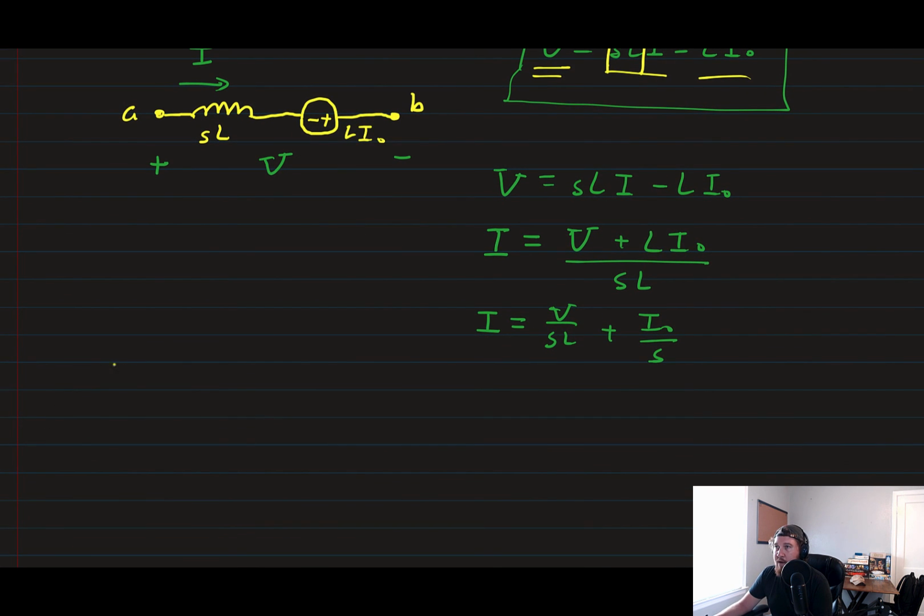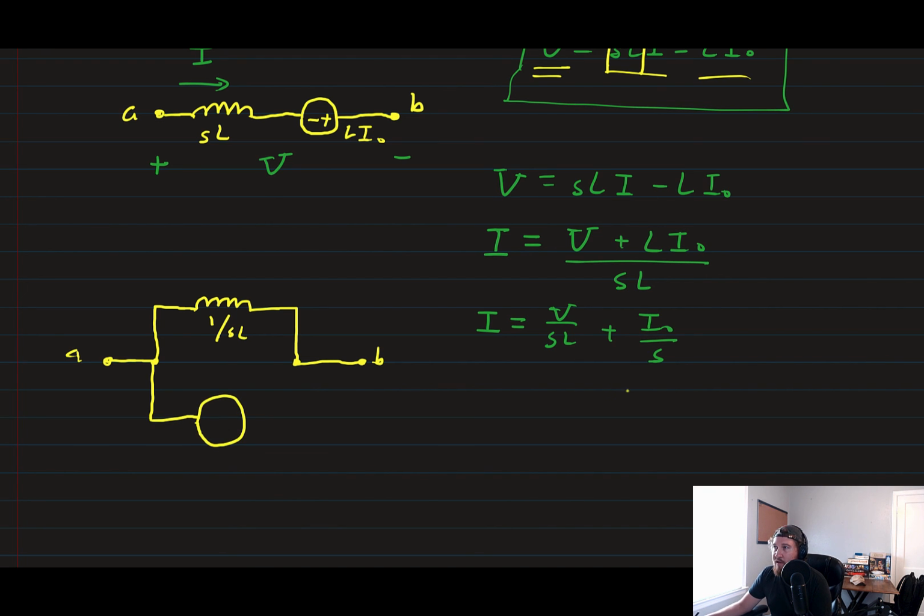Which means we can now write this as a sort of function of current. So we'll have two parallel elements since we have currents. So we have still our node A, but now A is going to branch, and up here we'll draw our inductor, which now has a value 1 over SL. And that goes out to our terminal B. And then down here on this branch, we have a current source.